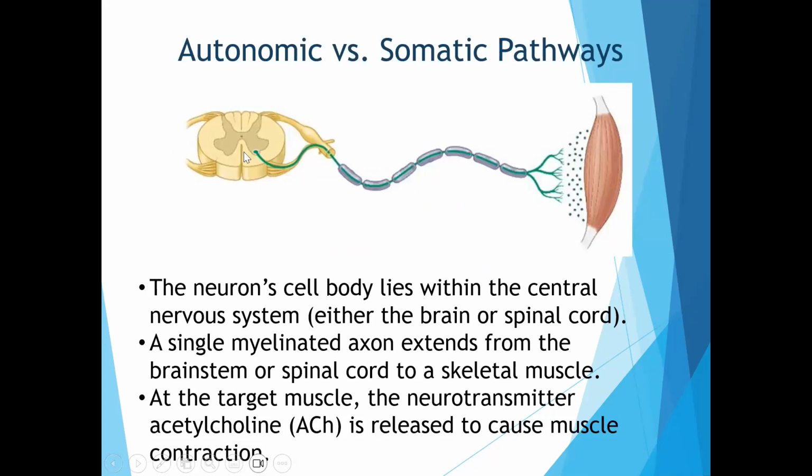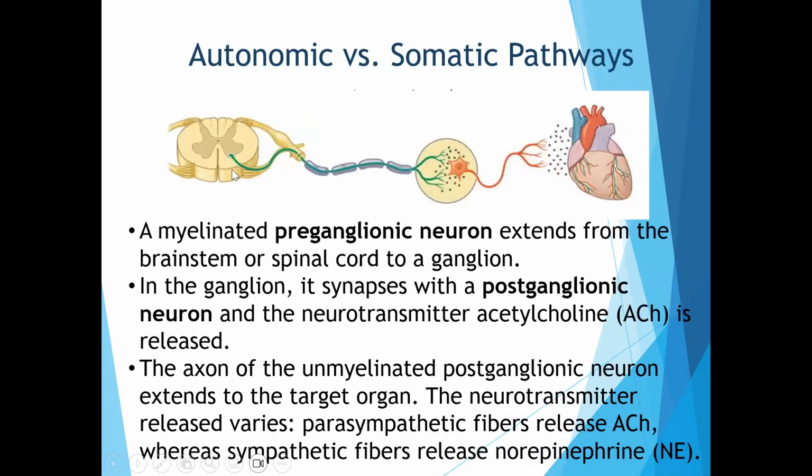So in our somatic system, the cell bodies are far from its end goal. It sits in the spinal cord, really long neuron to get to the muscle. In this case, it's a really long nerve to get to the actual cell body, which is going to be close to the heart. So once that preganglionic myelinated neuron reaches the postganglionic neuron, the postganglionic neuron is going to get that ACH signal, and they're going to release whatever signal they need to the heart.